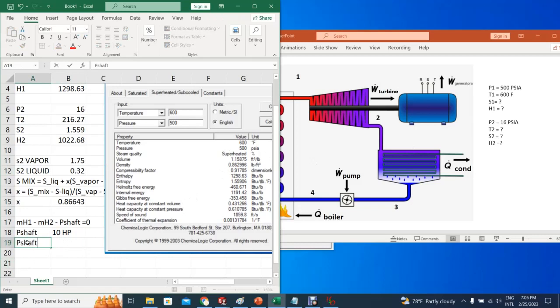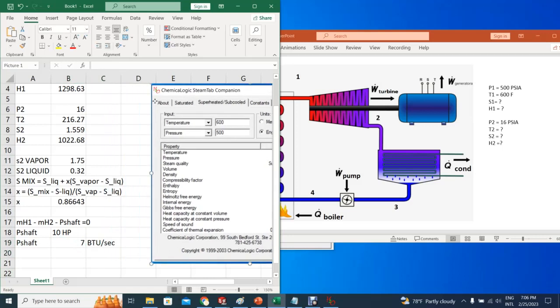I can use anything, for example watts, but again, I'm using BTU. So the best is to convert this to BTU per second. If I remember right, 10 horsepower multiplied by 0.7 on average gives about BTU per second. How do we know that? It's easy.